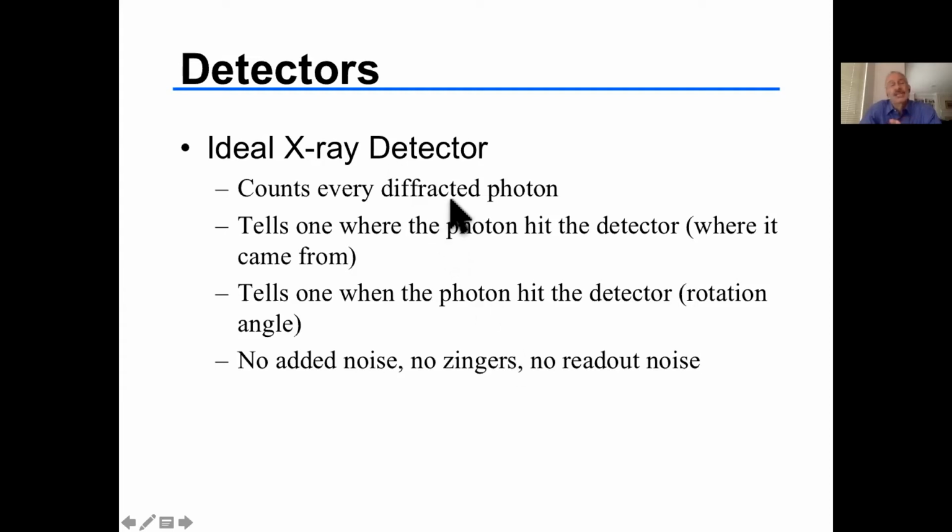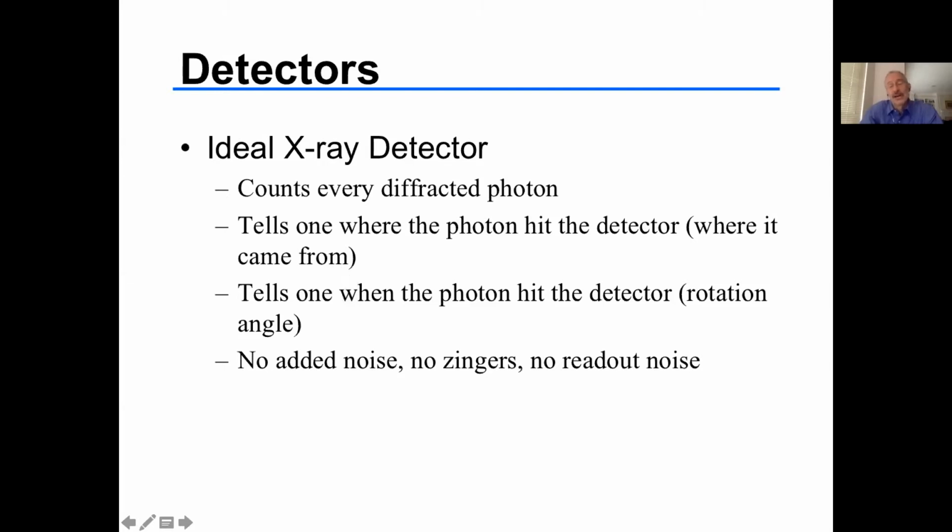I mean, we say every diffracted photon. You're going to measure everything from ice crystals, ice rings, air scatter, and so on. But if you can minimize these photons that are not coming from your crystal, and minimize the signal not coming from your crystal, we'll call that background, then that's going to be an ideal experiment.